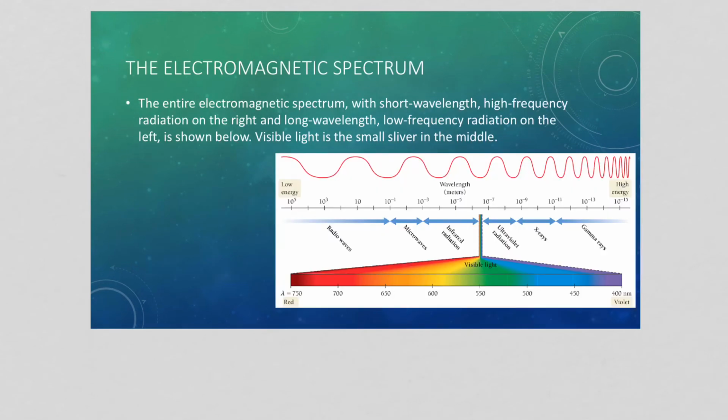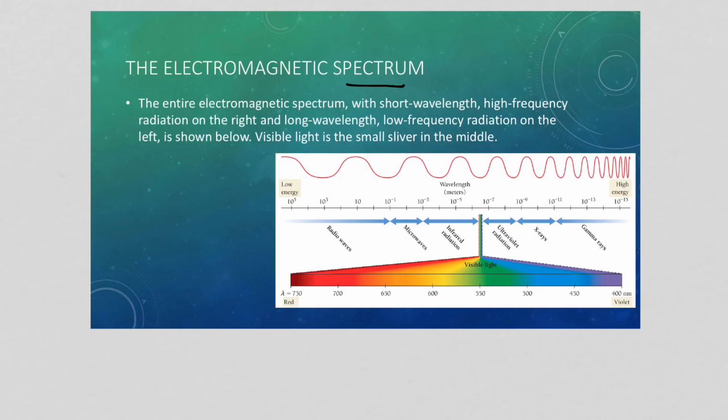Before we leave the idea of electromagnetic radiation, let's look more fully at the electromagnetic spectrum. What we want to observe here is that electromagnetic radiation is a large array of types of light, or types of radiation, if you will.